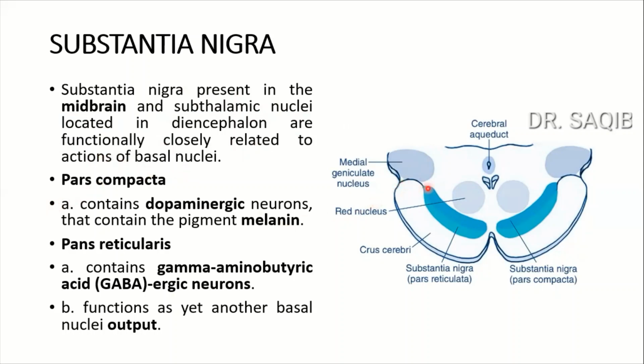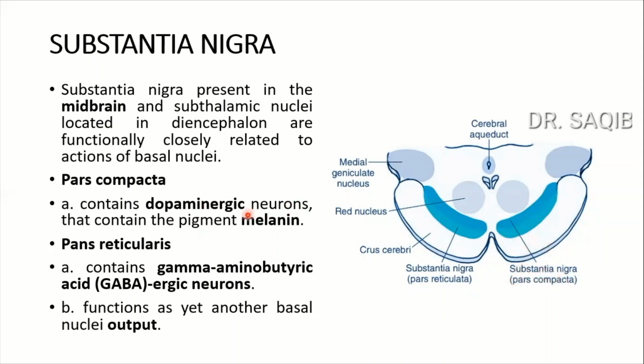The substantia nigra consists of two parts. Pars compacta contains dopaminergic neurons that contain the pigment melanin. Here, this is the pars compacta, the medial, inner portion of the substantia nigra.